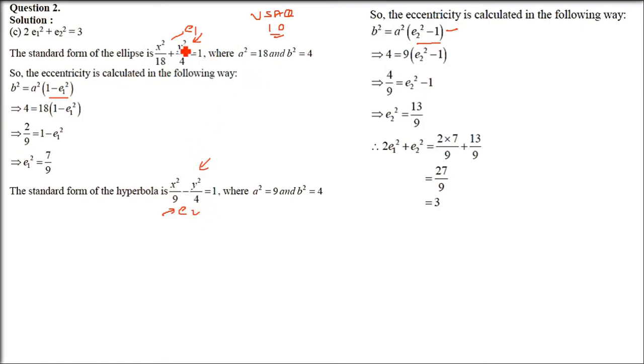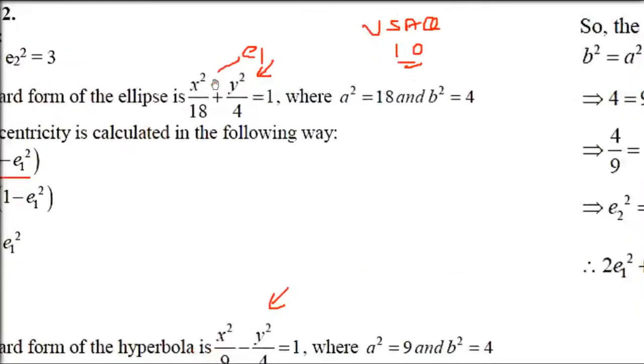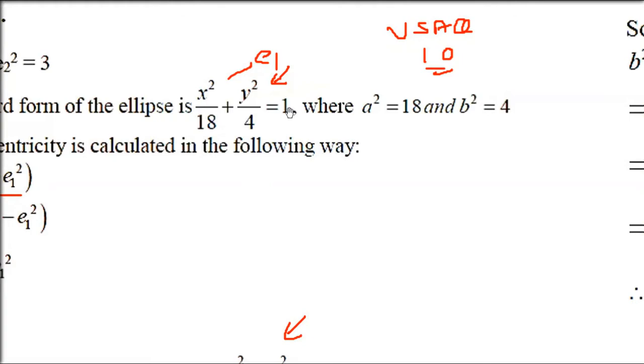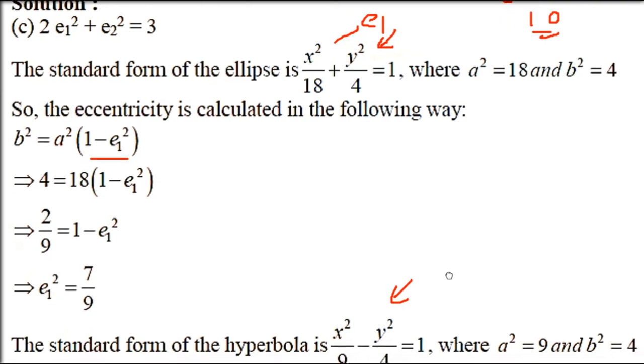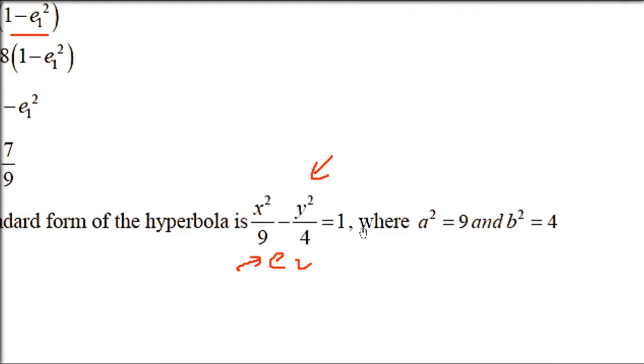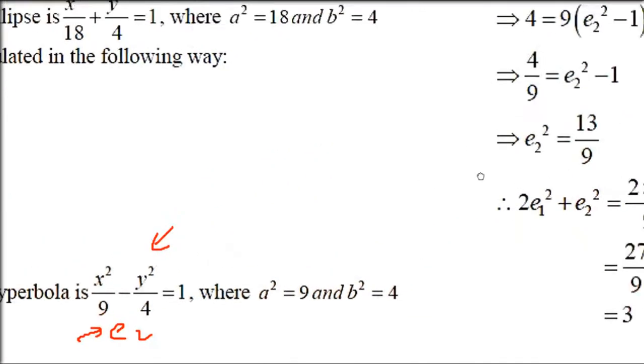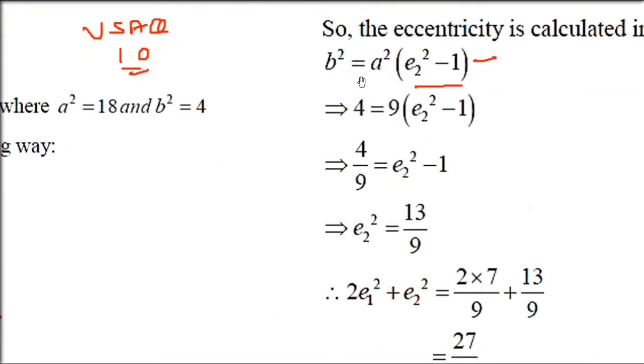Okay, let's go. You just compare this with x square by a square plus y square by b square equals 1. Here a square is 18 and b square is 4. So b square equals a square times 1 minus e square. This is the formula you have to remember, because this is not the ellipse exercise, it is the hyperbola exercise. Similarly here, you have a square 9, b square 4, so you can get e square.